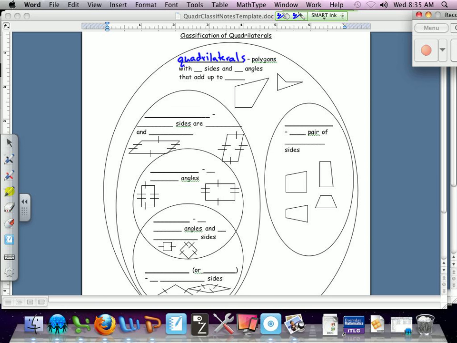Quadrilaterals are polygons with 4 sides and 4 angles that add up to 360 degrees. Anything with 4 sides and 4 angles. So up here, outside of these other ovals, we have this one, which kind of looks almost like a trapezoid, but not quite.